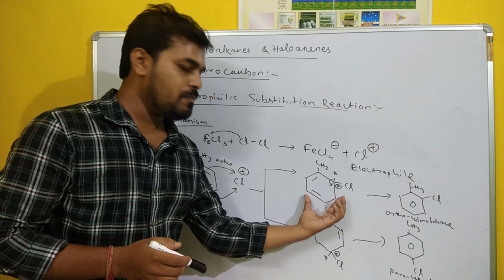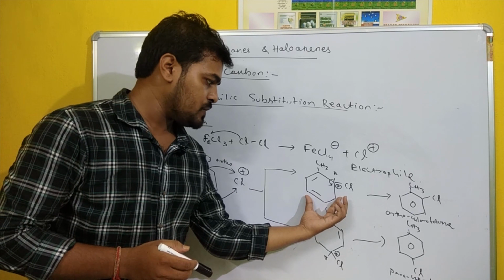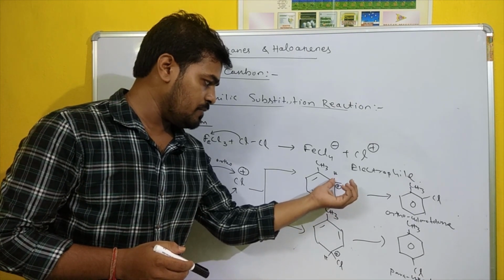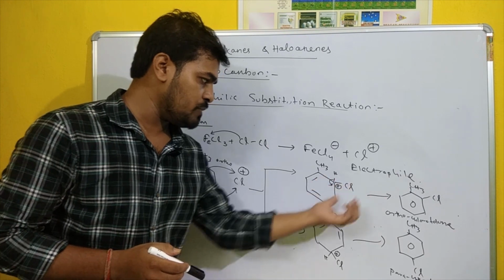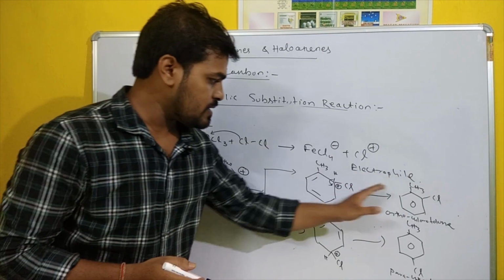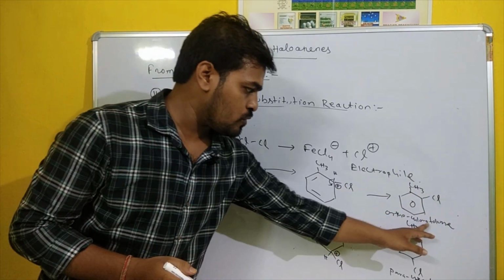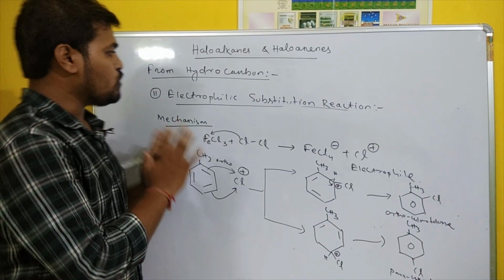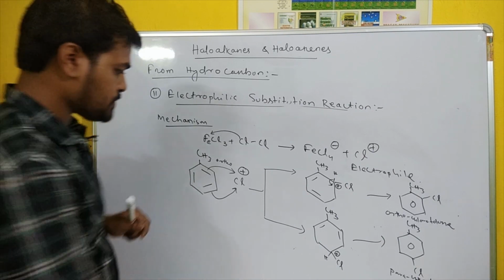In that intermediate, benzene loses its aromaticity, so that hydrogen atom gives its electron to retain the aromaticity of the benzene ring and leaves as an H plus. So orthochlorotoluene and parachlorotoluene are formed. This is the electrophilic substitution reaction.